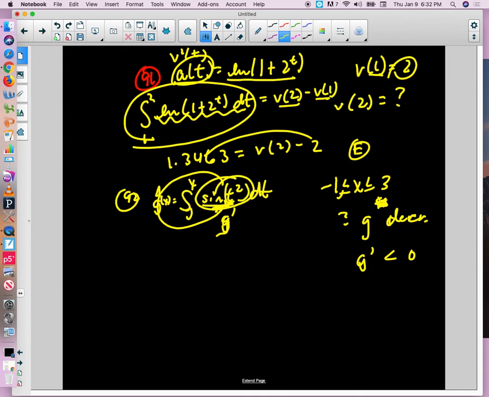This is g prime. So I'm going to graph sine of t squared from -1 to 3. I'm on my graph, making sure I'm in radians. I'm graphing sine of x squared, making my window -1 to 3.